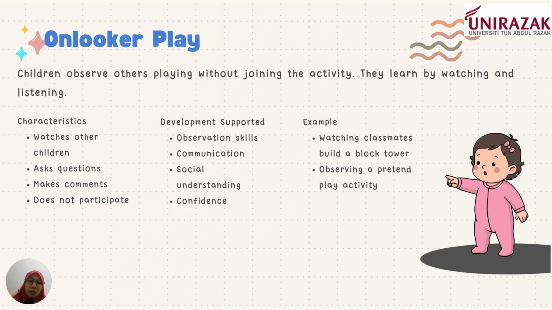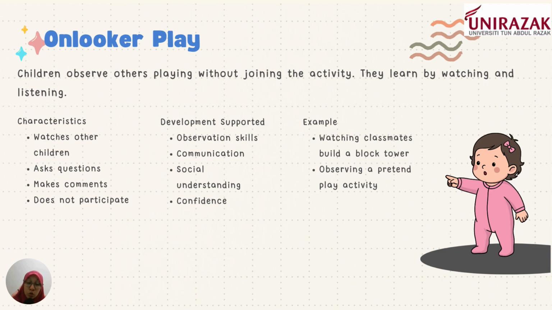This type of play also can help children develop important skills. For example, their observation skill, whereby they watch what the other friends are doing. Although they are not joining in with the other group, communication skill can also be developed. They will talk about what they see, and probably ask questions.